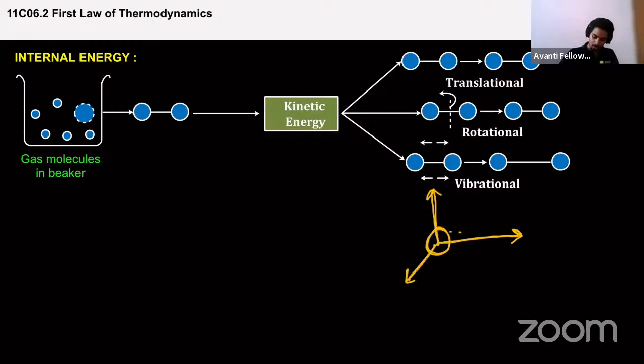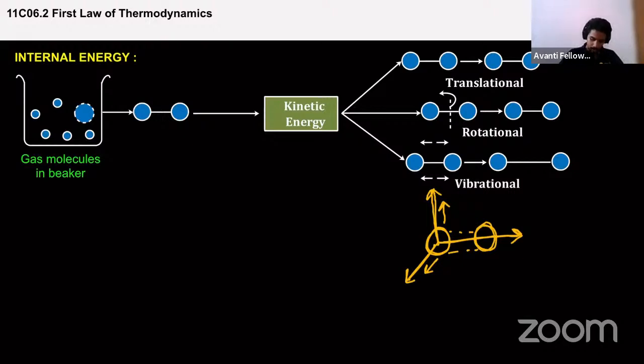Let's say this is moving to and fro in the x-axis. This is nothing but a translation motion in the x-axis. It can move in the y-axis as well, and it also can move in the z-axis. So for any molecule, maybe monoatomic gas or diatomic gas, anything, generally it will have 3 degrees of freedom in translation motion. Clear with that?